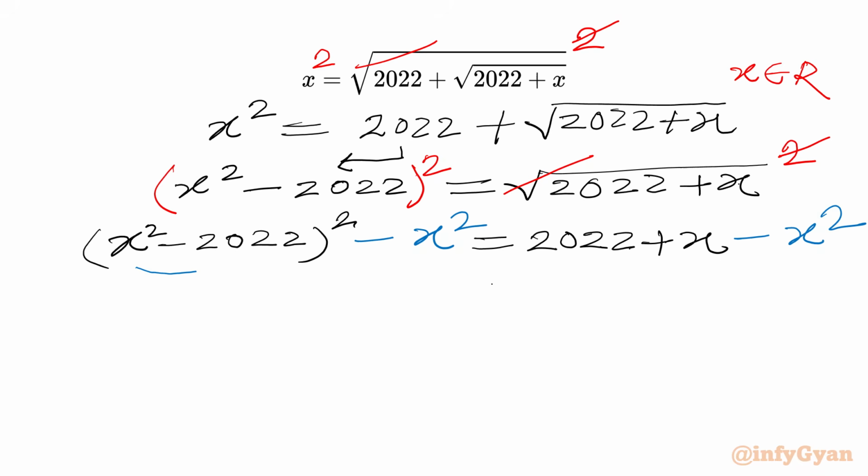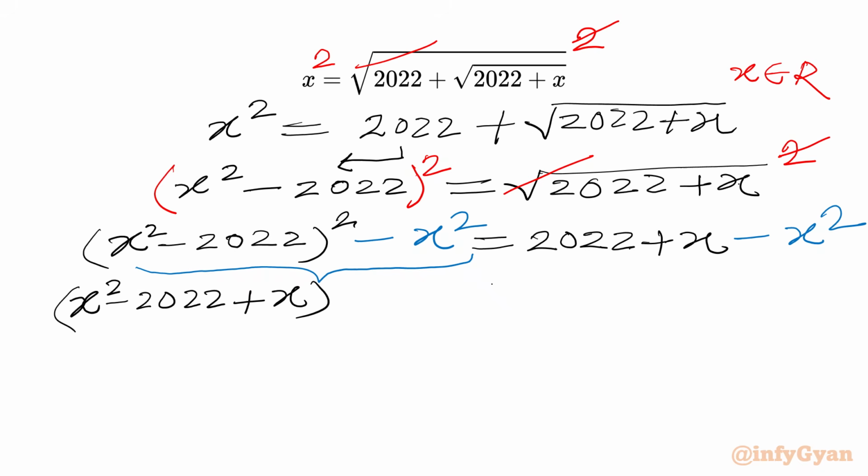In the left hand side we have a square minus b square form. So we can use the difference of two squares identity, which is a plus b times a minus b for a square minus b square. So we'll write here x square minus 2022 plus x in the first bracket, and in the second bracket x square minus 2022 minus x. From the right hand side we will take minus 1 common.